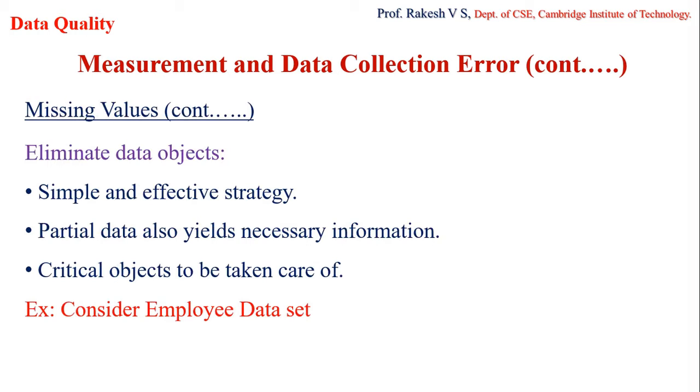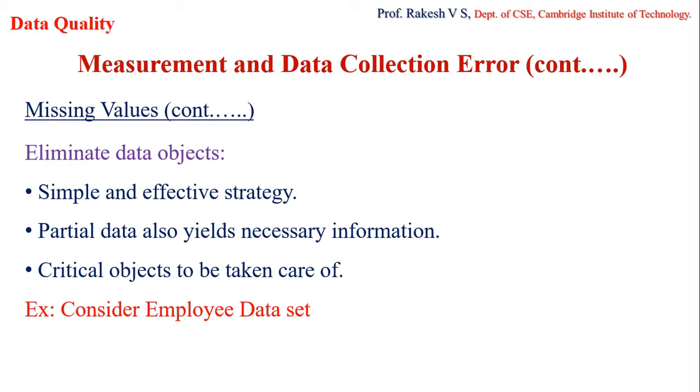That is, you're straight away eliminating objects with the missing value. But we must be careful, as even if the data is partially specified, it has some information present in it. Suppose the data is missed, but I have partial information present. In such cases, that partial information also sometimes becomes important, right?